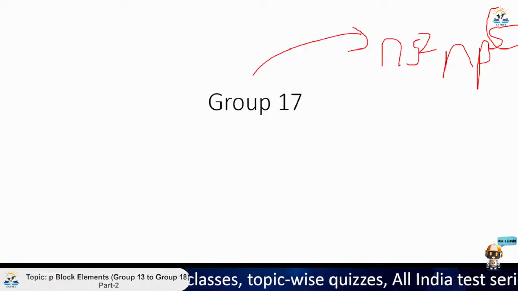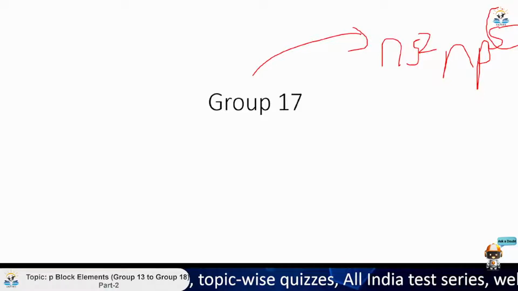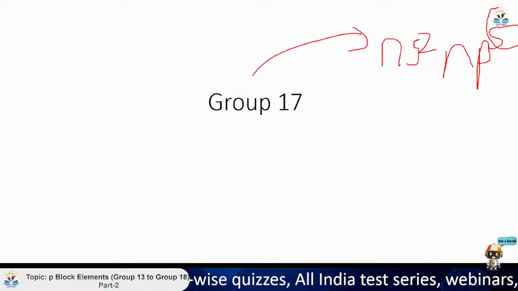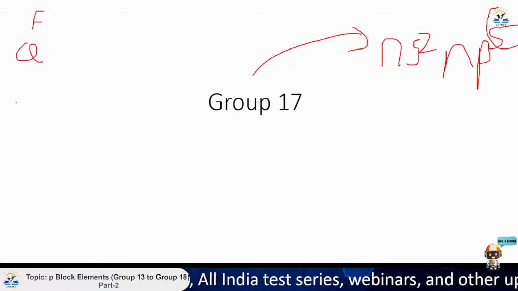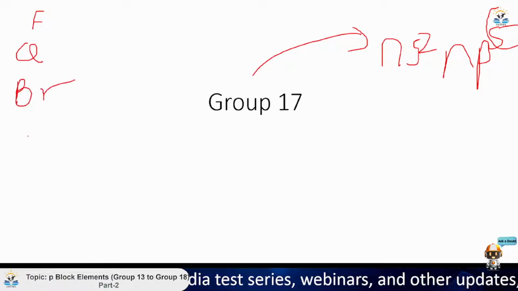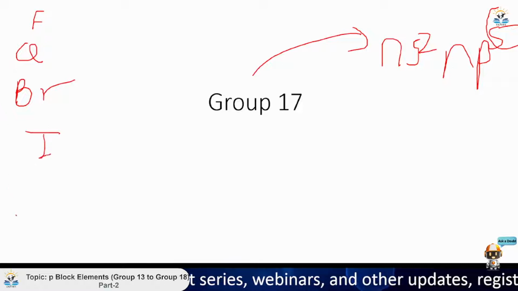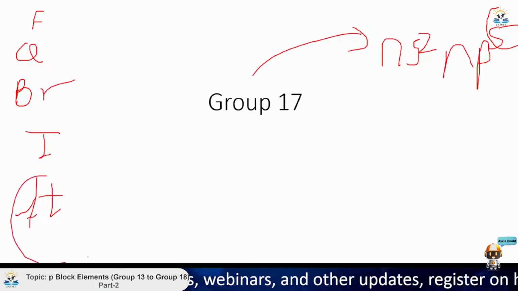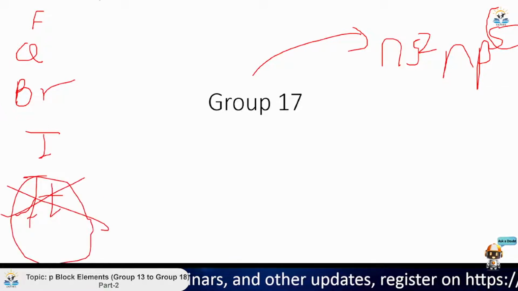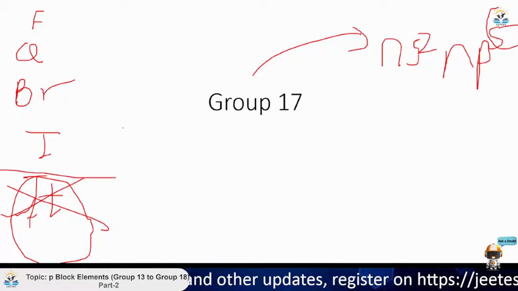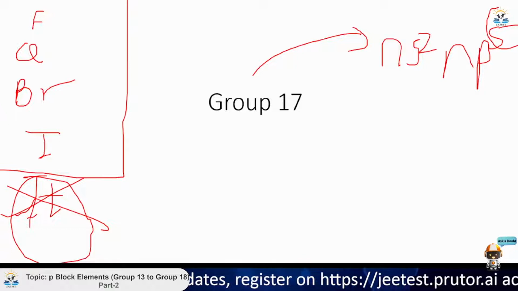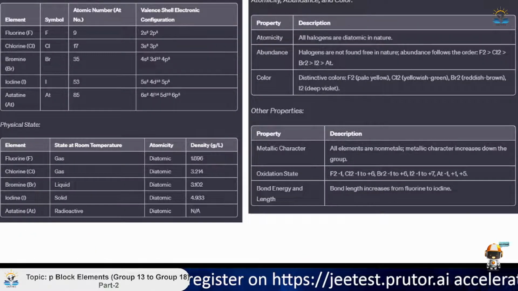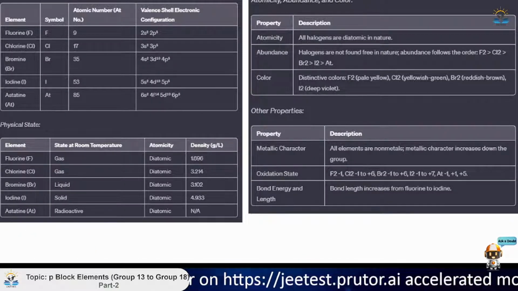That includes fluorine, chlorine, bromine, iodine, and astatine. We don't use astatine much, and our primary focus is mostly on fluorine, chlorine, bromine, and iodine.